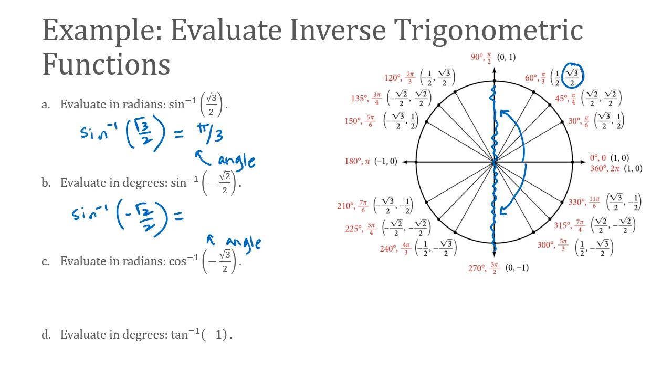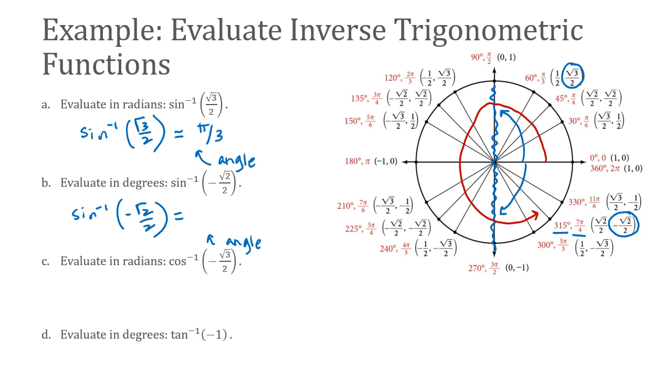And we see negative square root of 2 over 2 looks like it's down here at 315 degrees or 7π/4. But in order to get to 315 degrees, we would have to cross over that border.